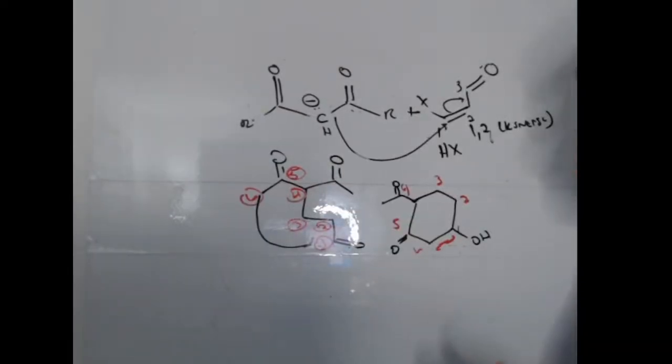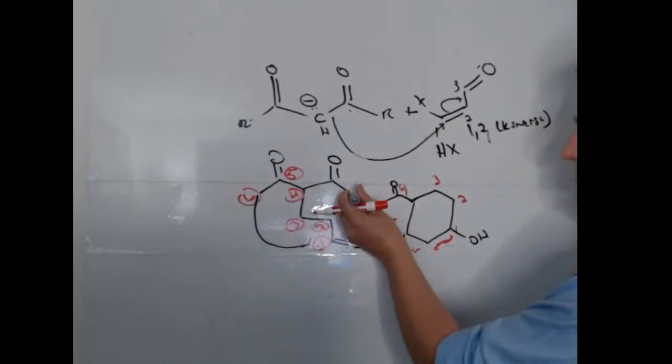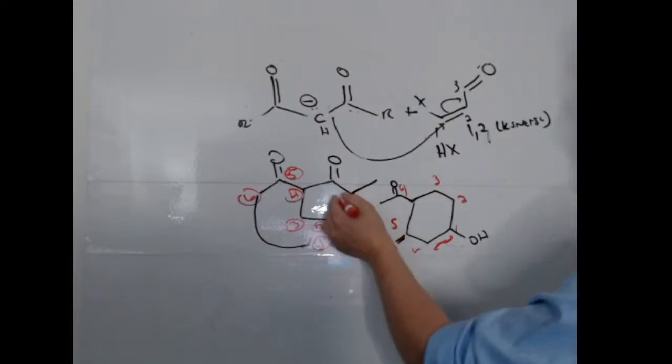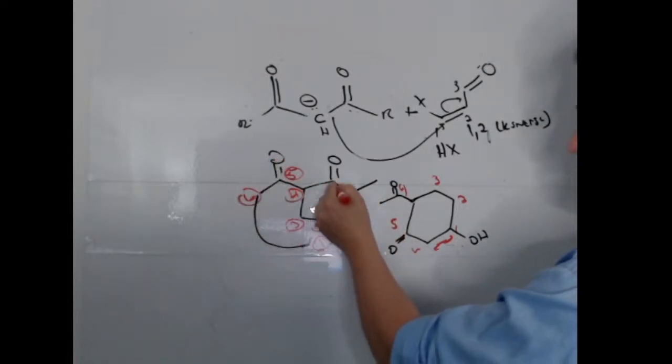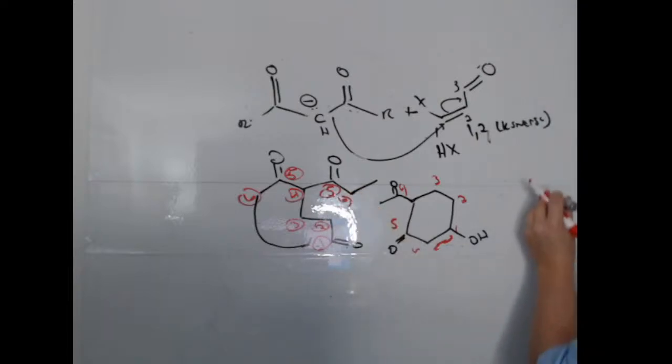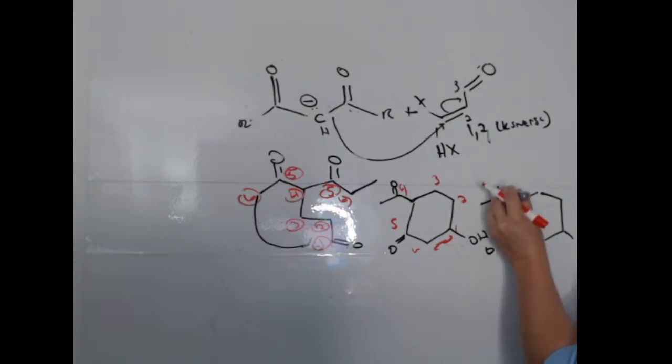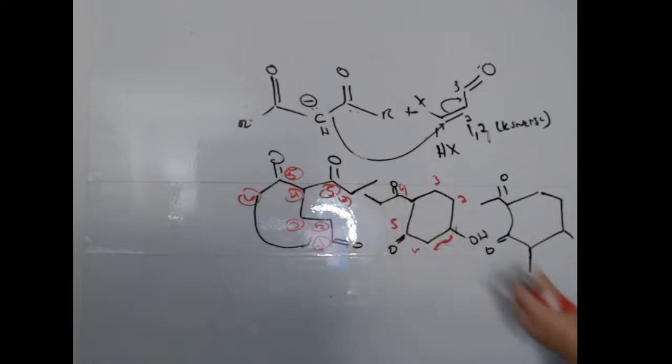Now, let's say your Michael reagent was asymmetric and you had this. You would actually end up getting both. So you'd have either this is 5,6 or this is 5,6, and so you'd end up with a mixture of products. And so now carbon 6 has a methyl group branching off it, we'd have this one, and we'd have this branch.